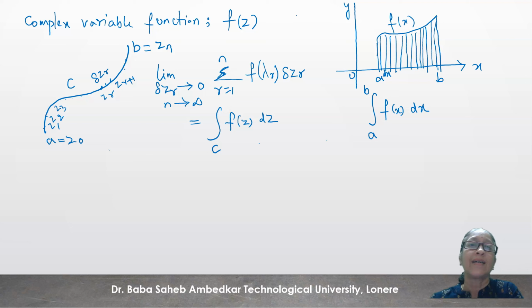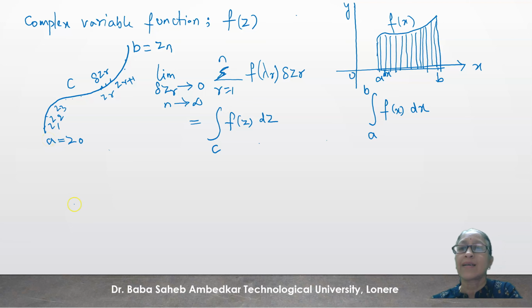For a real variable function, integration is over an interval AB, but for a complex variable function, integration is along the curve C. If integration is along the curve C, then to reach from A to B, there are infinite number of paths.